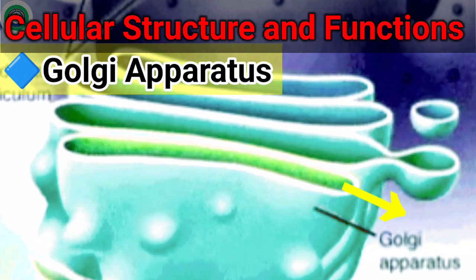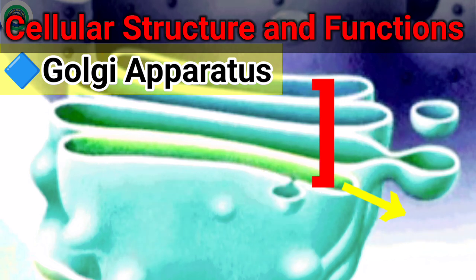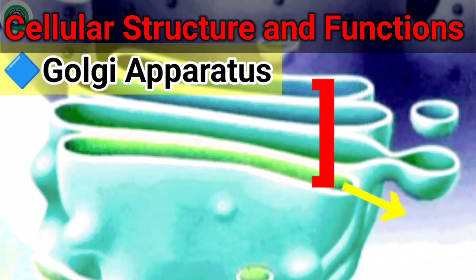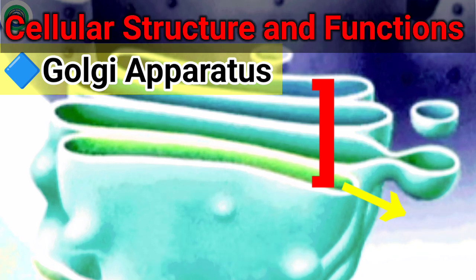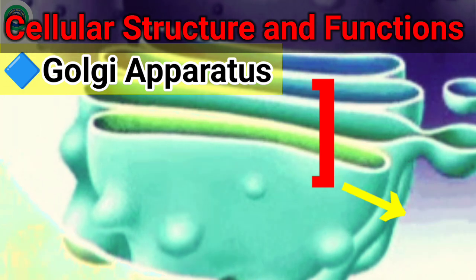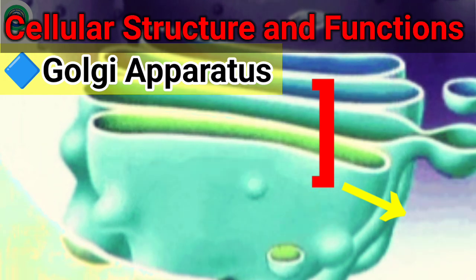Golgi apparatus. Golgi apparatus is a set of flattened sac-like structures called cisternae in the cell. In this set, many cisternae are stacked over each other. The complete set of the cisternae is called Golgi apparatus or Golgi complex.